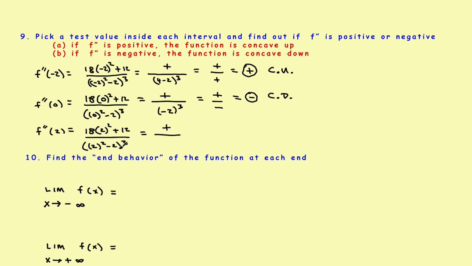And again, you'll wind up with a 4 minus 2 cubed in the denominator, which would be positive. It's going to be 2 cubed, which would be a positive 8, but we just care about the positive. Positive divided by a positive is a positive. The whole thing is concave up. So now we know what's going on, the concavity in each of the intervals, and let's go ahead and write these, concave up, concave down, and concave up on the graph.